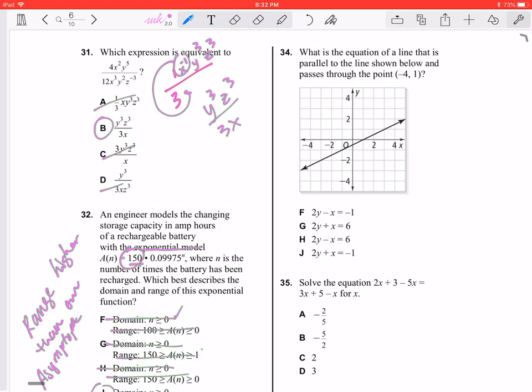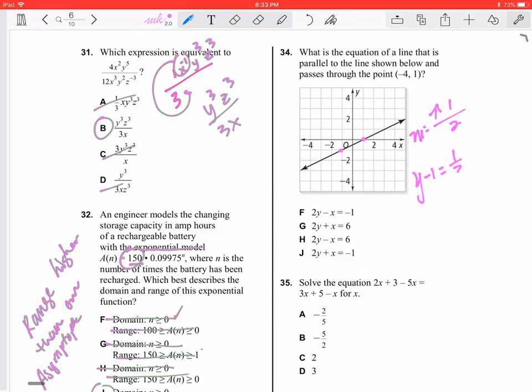All right, number 34. What is the equation of a line that is parallel to the line shown below and passes through the point (4, 1)? So we need to find our slope. I'm going up 1, and I'm going right 2. So my slope is equal to 1/2. Now I'm going to use point slope.